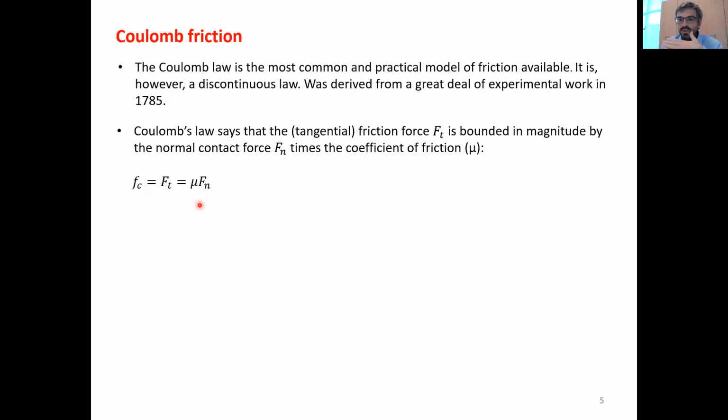So you cannot say that a steel ball sliding on ice has a friction coefficient of 0.3. You need to say that the friction coefficient of the surface pair, steel and ice, is 0.3. Then if you have the steel ball sliding on wood, you will have a different number. So it depends on the two surfaces.